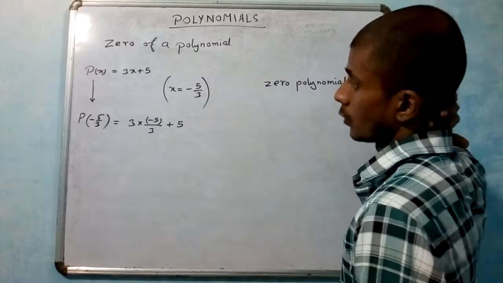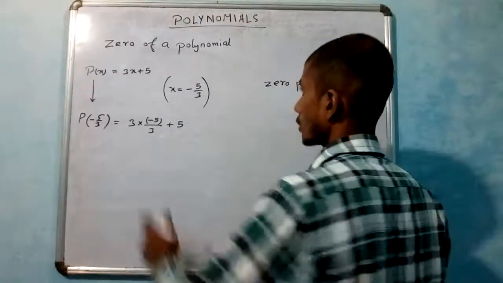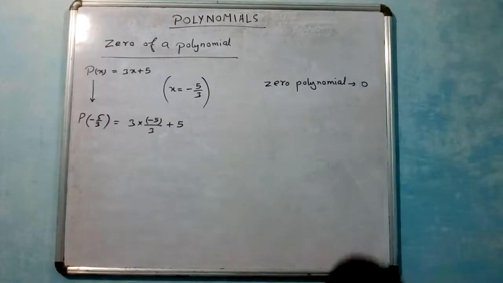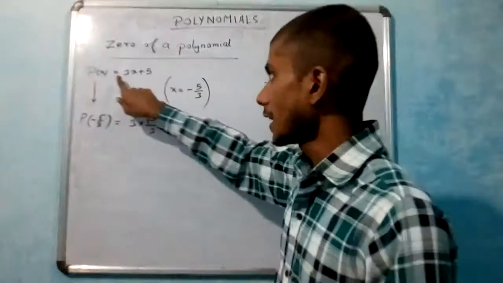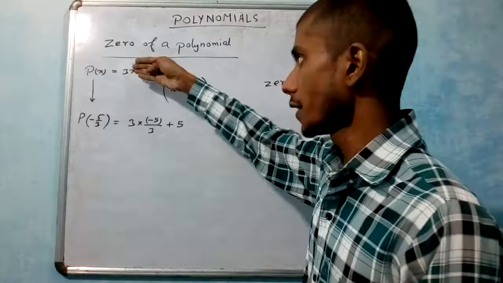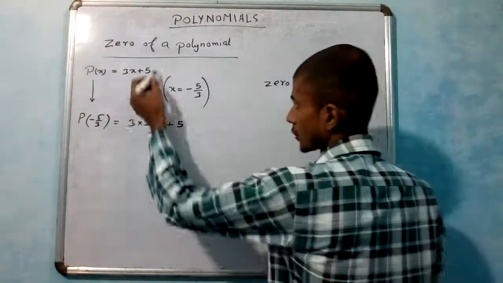No, understand, we are discussing the topic zero of a polynomial. Zero of a polynomial means that value of the variable of the polynomial which when substituted here makes the complete expression 0.